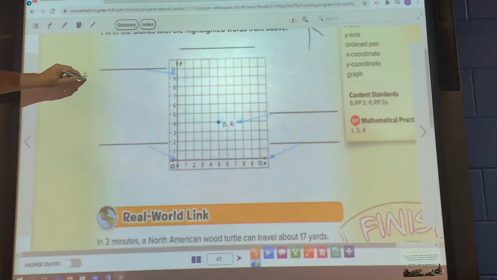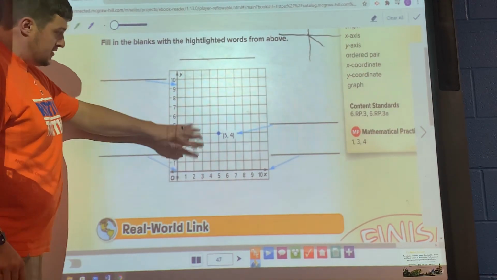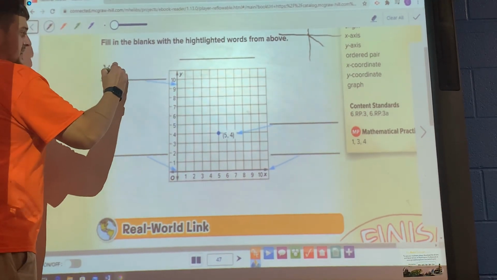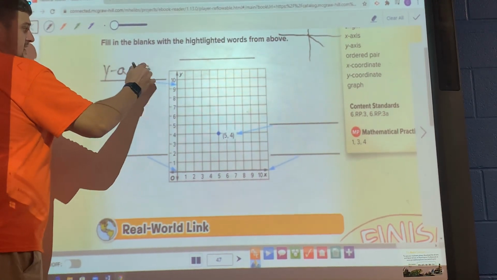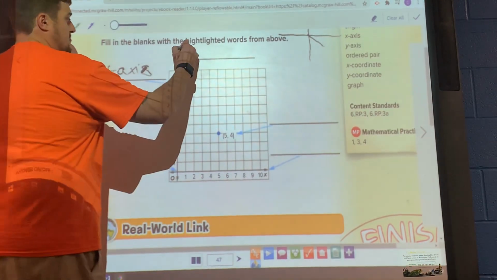So now we're going to go ahead and label this. All right, so the vertical line right here, up and down, that's called the y-axis. This entire thing is called the coordinate plane.